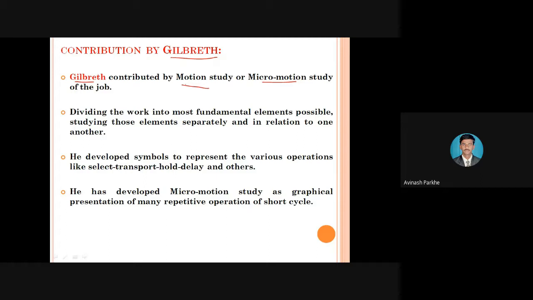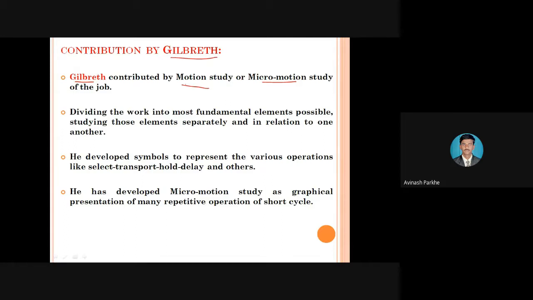If we are designing the workstations, instead of the material having to travel the maximum distance, we have to provide the workstations near to each other. That means if the operation on workstation number 1 is finished, then immediately that component or job has to move to the second workstation without delay.